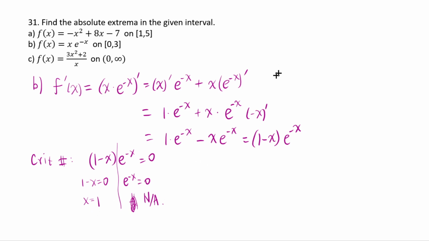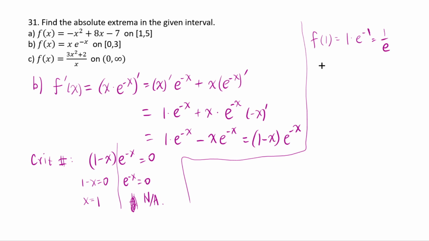Now, once you found the critical number, then the next step is to evaluate f at 1, which is 1 times e to the negative 1, which is 1 over e. f at 0 is 0 times e to the 0th power, so that's just 0. And f at 3 is 3 times e to the negative 3. So that's equal to 3 over e cubed.